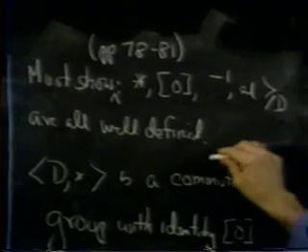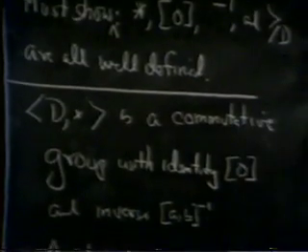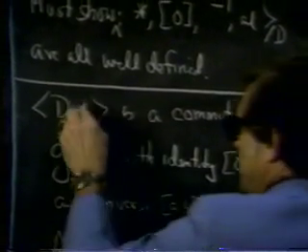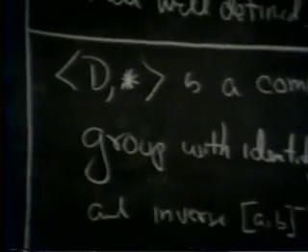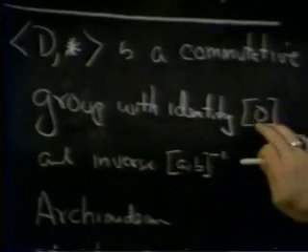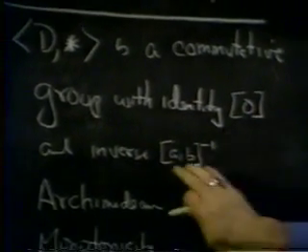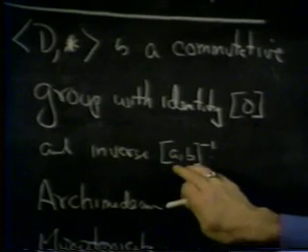Once that is done, the next step of the proof is to look at this operation on the set D and prove that that is in fact a commutative group with this as the identity element and this is the inverse of the equivalence class AB.